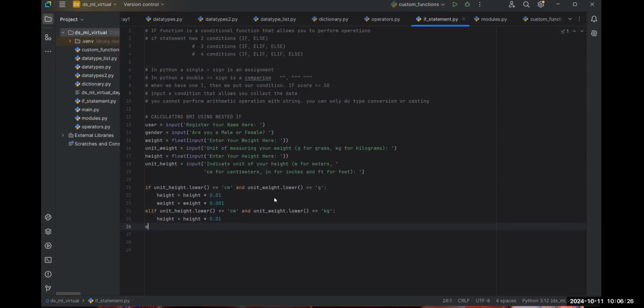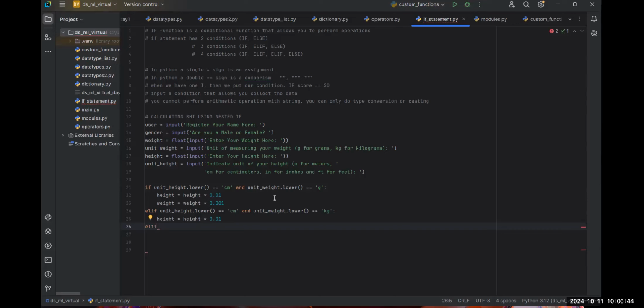Now let's proceed. Elif, again, we are saying unit height dot lower. Now we are doing meter with what? Kilogram. Okay, meter with kilogram.